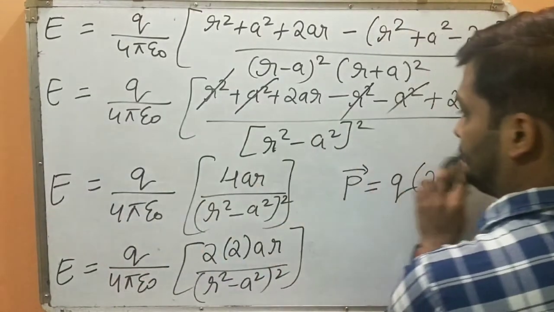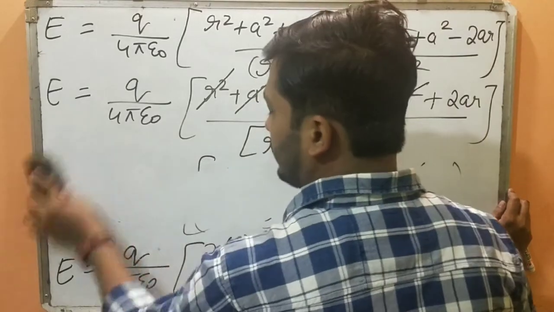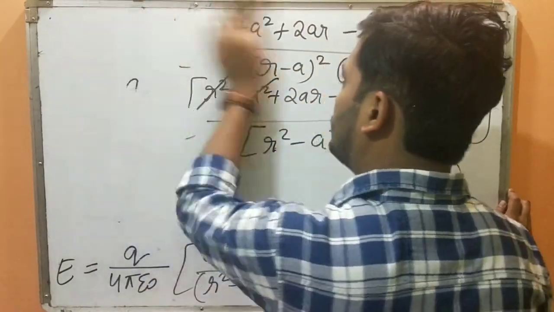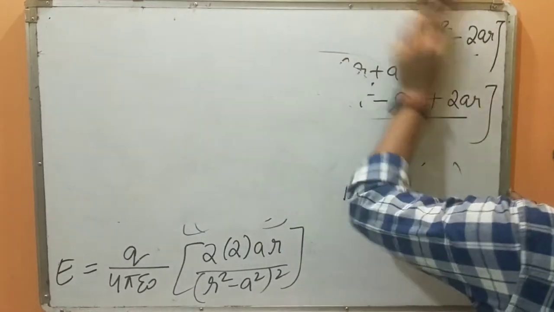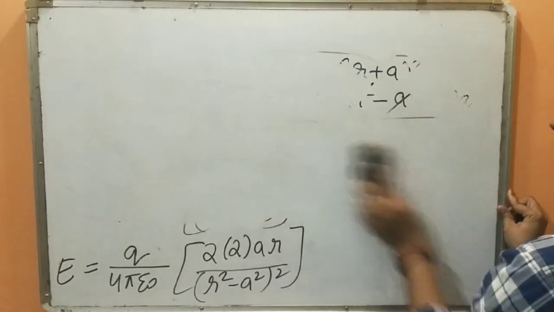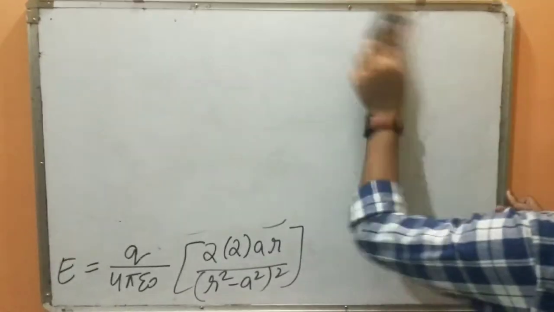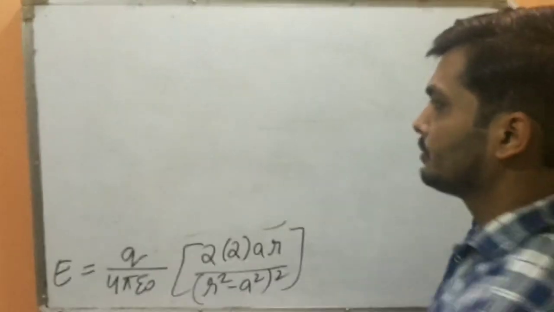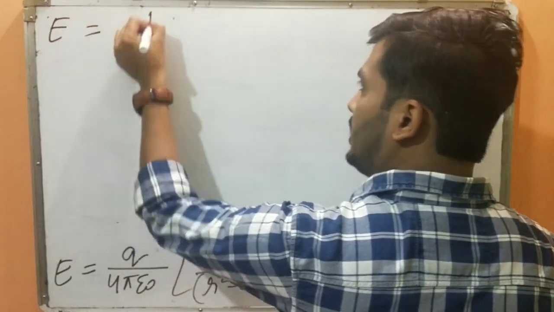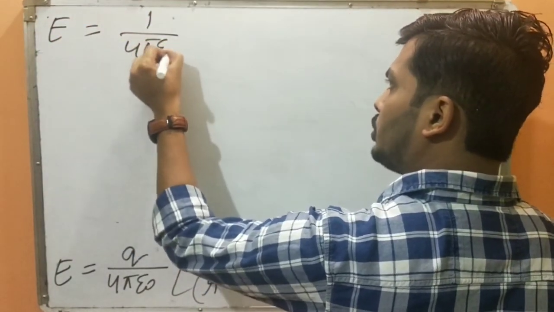So now again, let me erase this. Now students, just here, E equals 1 divided by 4 pi epsilon naught.